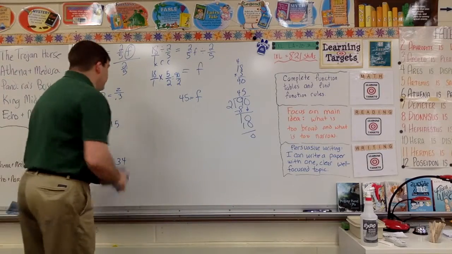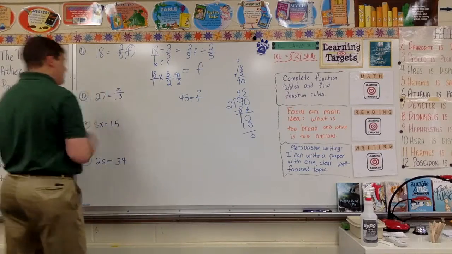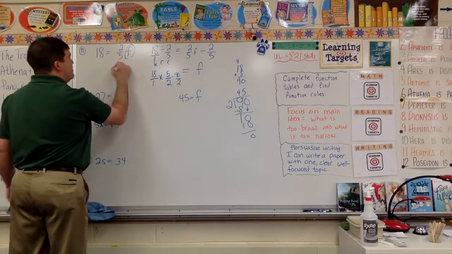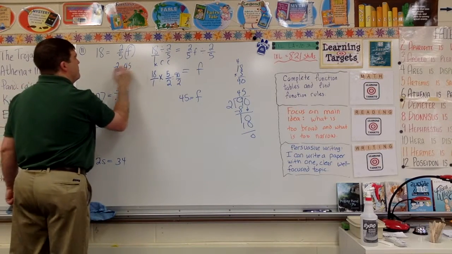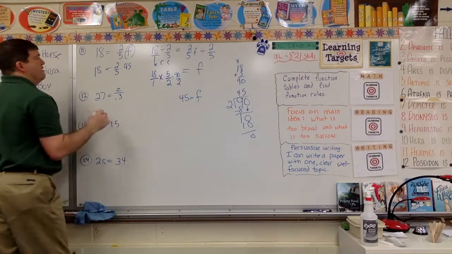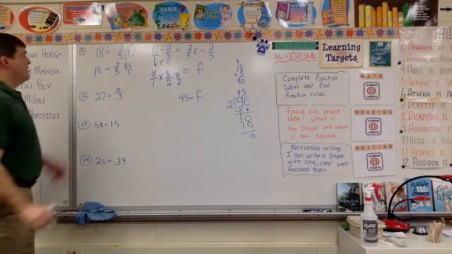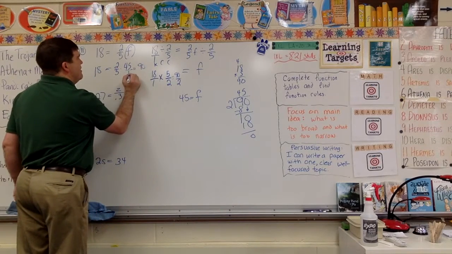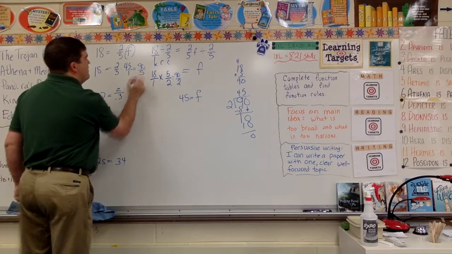So, I'm going to check it. I put 2/5 times 45 equals 18. Now this I make into a fraction like that. 2 times 45 is 90. 5 times 1 is 5.